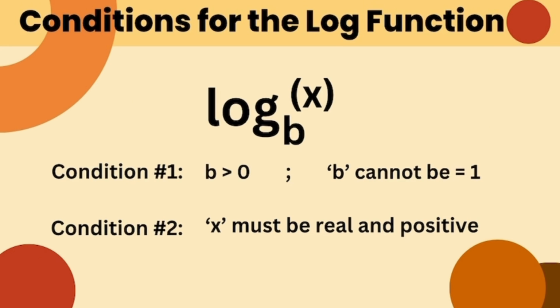The second condition is that x must be a real and positive number, because if you try to write it in exponent form, it would be impossible if you had a negative number or anything beyond that. So if you don't get that as a result, it would mean that you did something wrong.